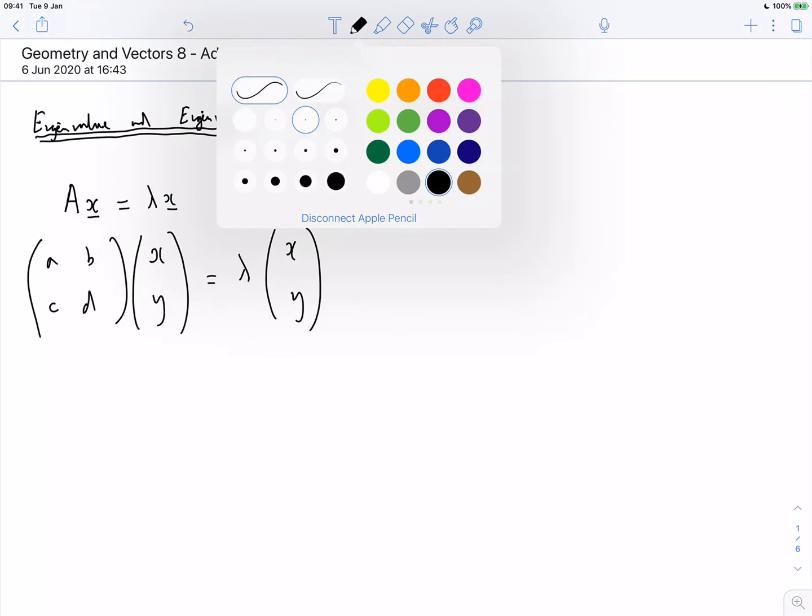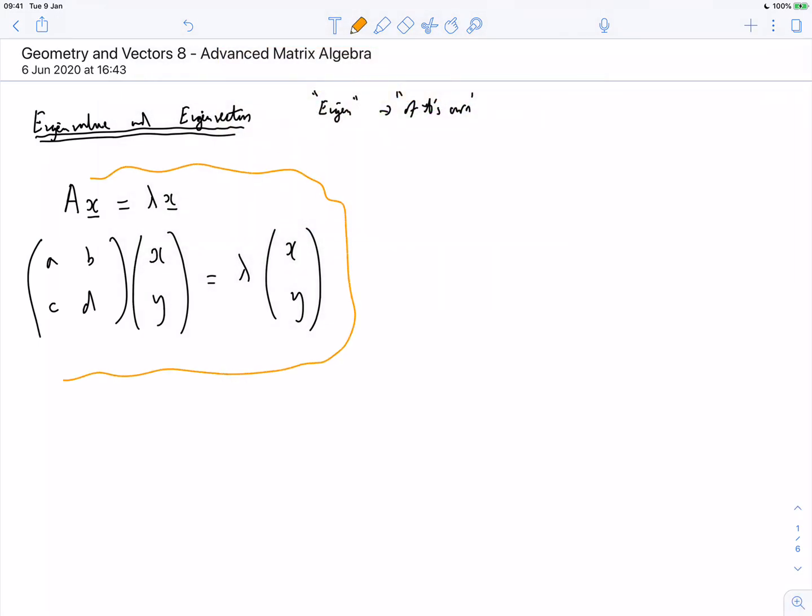Now this is really important because what this is saying is that for every matrix, whether it's a 2 by 2, 3 by 3, 4 by 4 and so on, and let's clarify, A has to be a square matrix, so this is an n by n matrix, then what we say is that lambda is the eigenvalue, and x bar in this case would be the corresponding eigenvector.